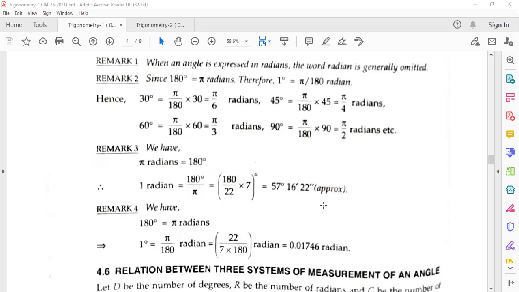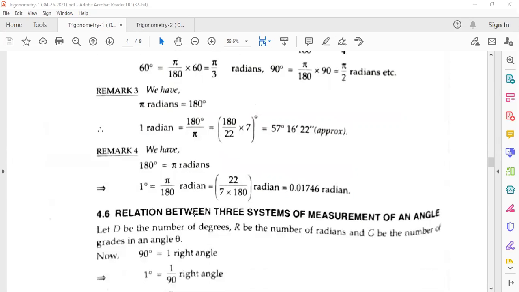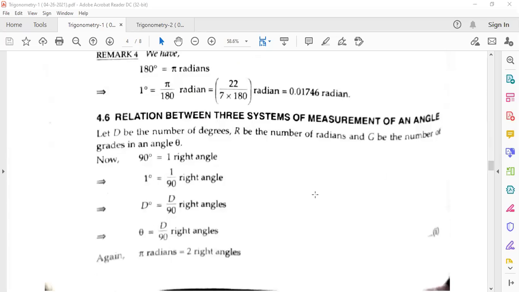Actually 22 by 7 is a rational number, not irrational. Pi is irrational number. ठीक है, बाद में तुम लोग इसको भाग करके देखो 22 by 7, इसमें रेकरिंग आ जाएगा, but in our condition we are taking the value of pi equal to 22 by 7. So relation between this one is not required for us.